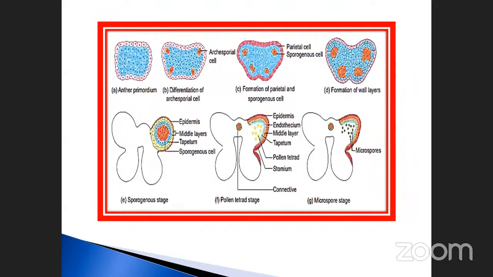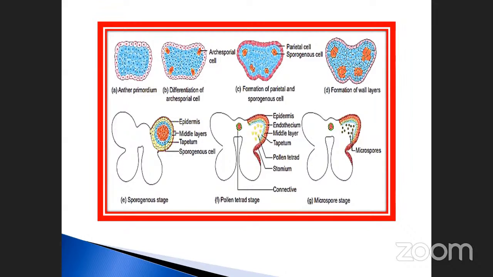As a result, this is the entire structure of the sporogenous stage. After that, what happened? It produced the pollen tetrad stage. What is the meaning of tetrad? It contains four nuclei inside it, combined together with the help of callose. Already we discussed these things.